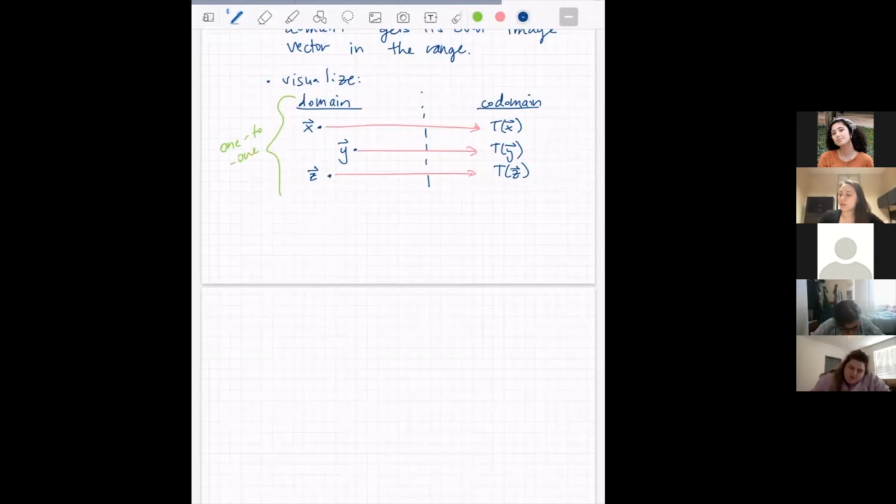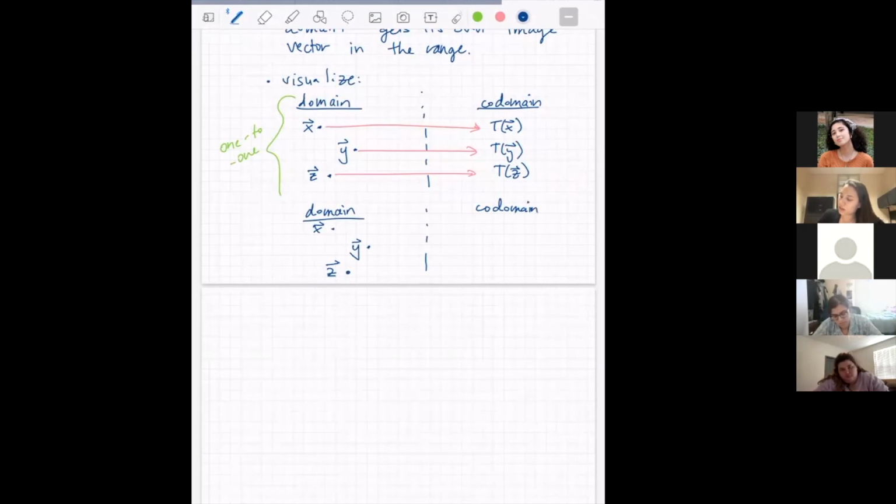And then if you want to compare that to a function that is not one-to-one, again starting with some vectors here, and you have your codomain on the other side.